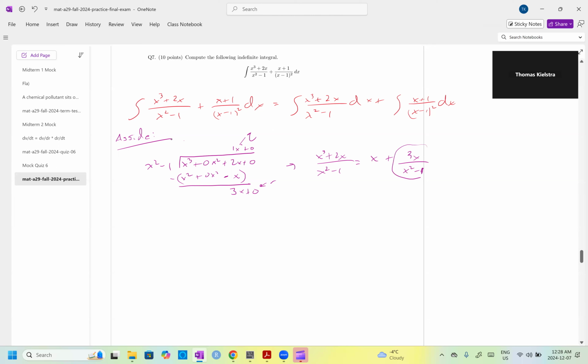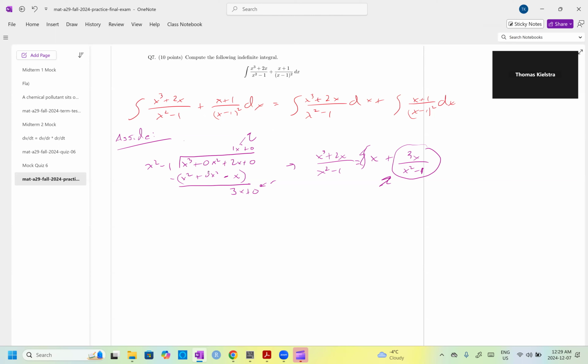And now here, the 3x over x squared minus 1, I can actually solve using logarithmic differentiation with a u sub. So for the first integral, this is good enough. We could keep going and doing the split and partial fraction, but we don't have to.